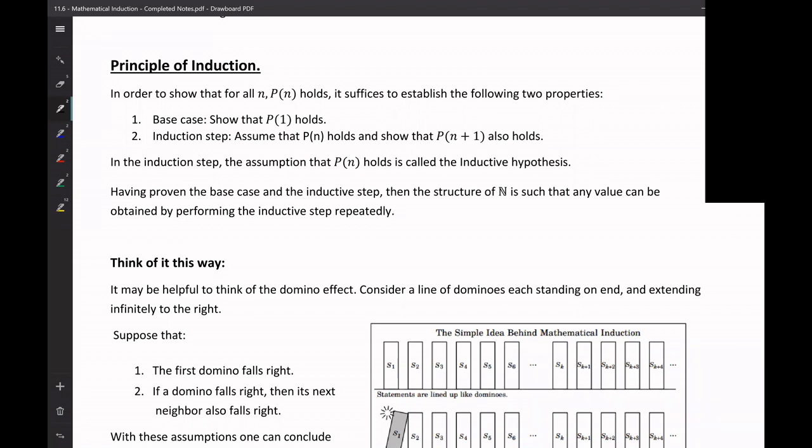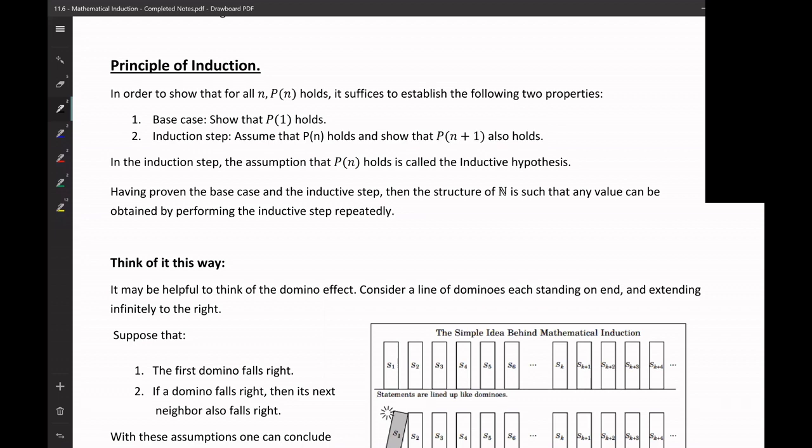In the induction step, the assumption that P of n holds is called the inductive hypothesis. So you're making an assumption here, assuming that the thing you want to show is true, and then showing that it's true for the thing after k or the thing after n, and then it kind of chain reactions.